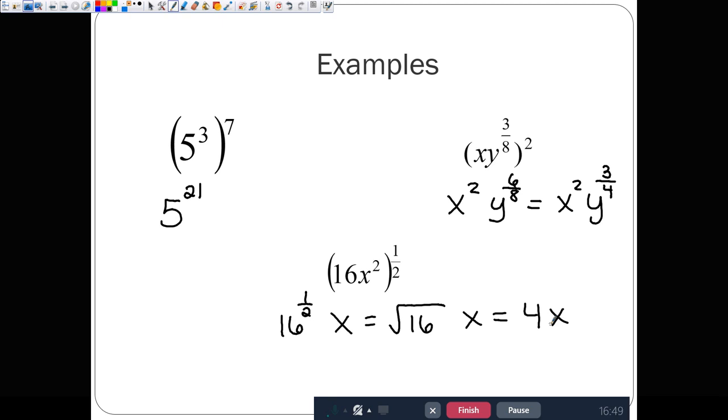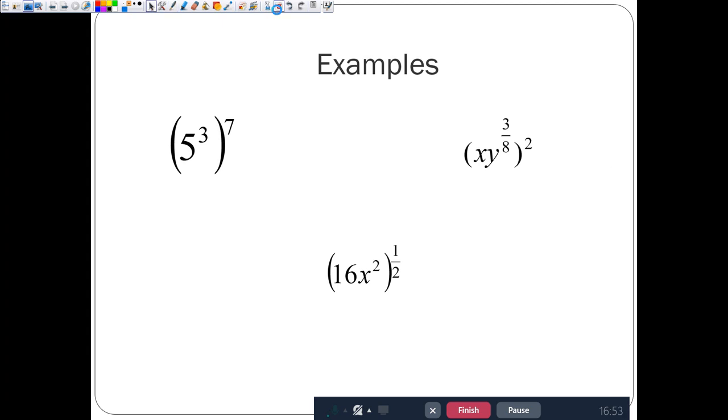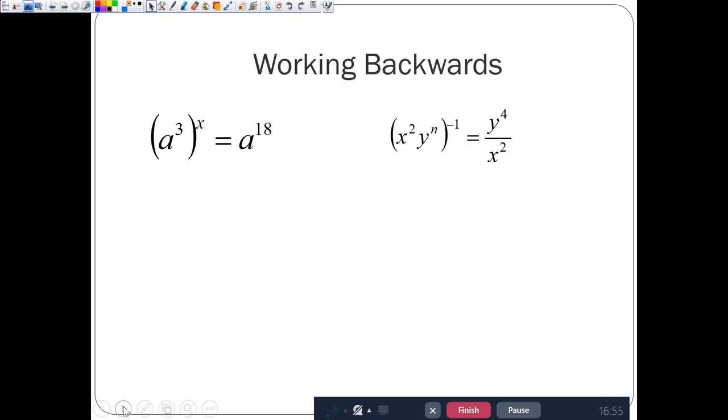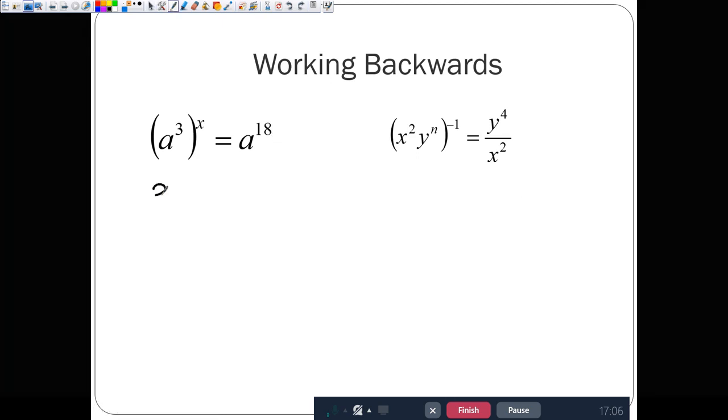All right, so combining the rules. Oh no, backwards, I'm sorry. Working backwards. When we're raising a power to a power, we multiply, so this is going to be 3 times x will equal 18, so that would be 3x equals 18. So we're going to divide by 3, x is going to equal 6.